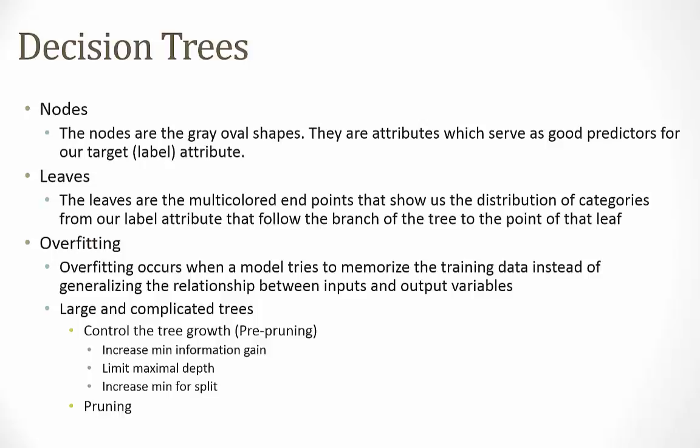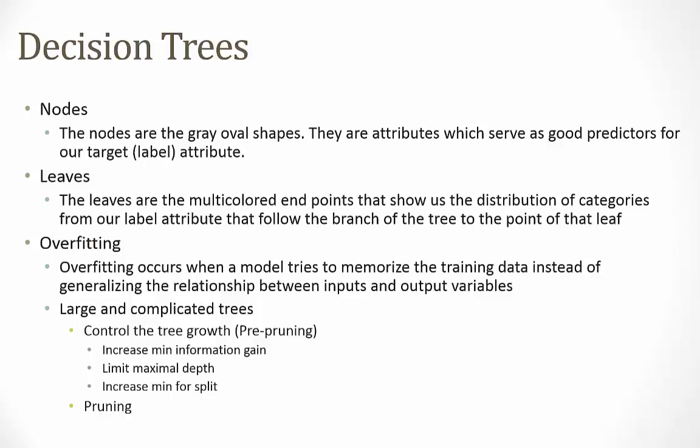Each node represents one attribute or one independent variable that has an effect on classification or on predicting your target variable. And you will see a leaf at the end of the path for each of these branches.